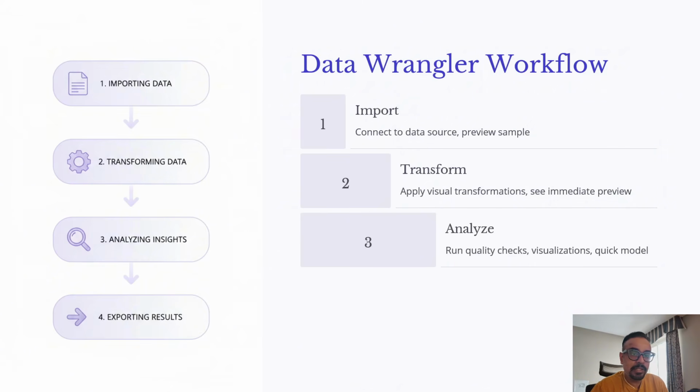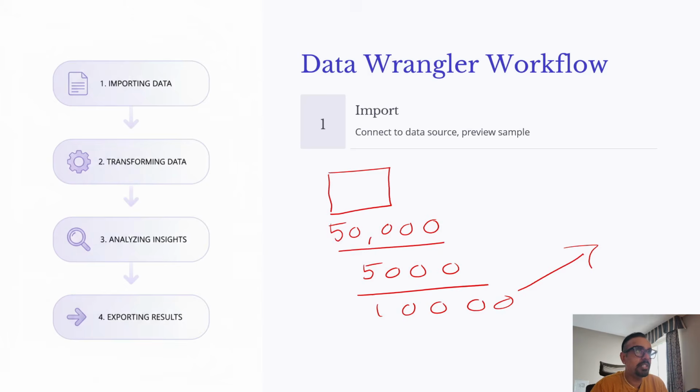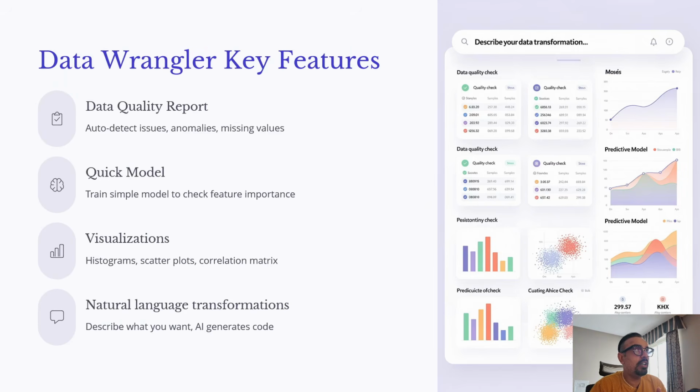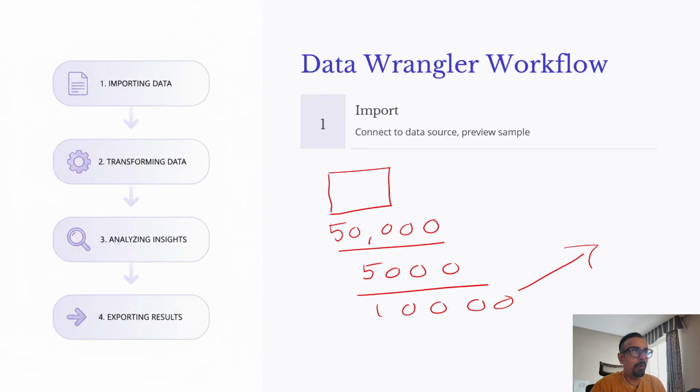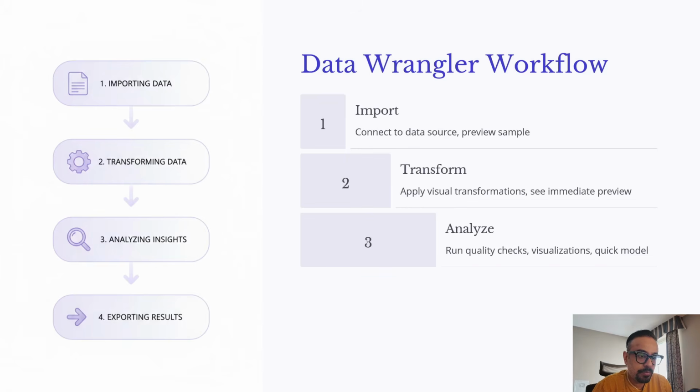Third, you analyze your data at any point in the workflow. Run the data quality report that we just discussed previously. When you run the data quality report after the initial import of your data, it identifies issues. It creates visualizations to check if your transformation worked as intended.